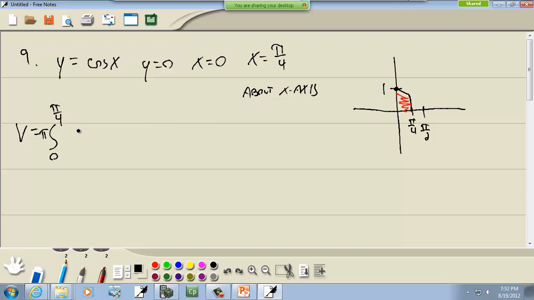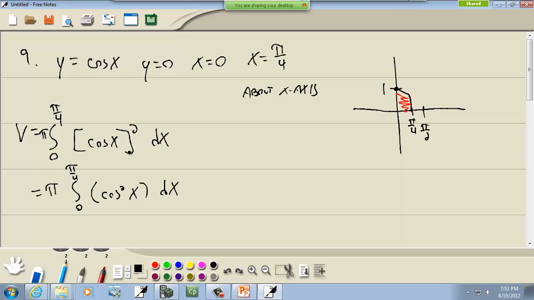And so then we'll have cosine x squared dx. So 0 to pi over 4, and this will be cosine squared dx.